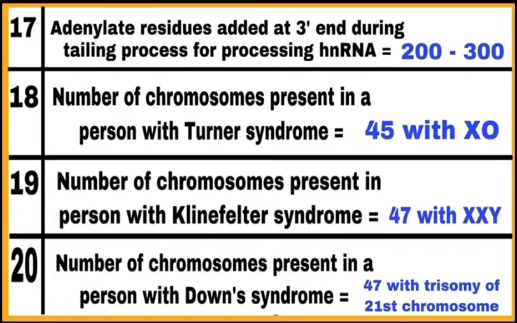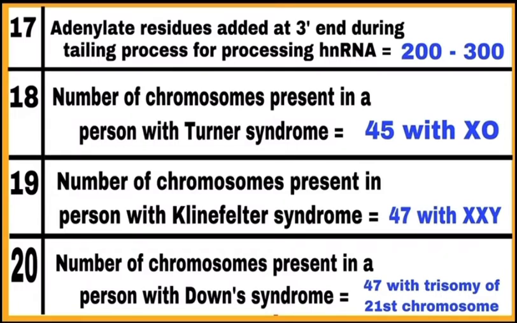Adenylate residues added at 3' end during tailing process for processing heterogeneous RNA. 200 to 300 adenylate residues are added at 3' end of heterogeneous RNA during its processing, and the adding of adenylate residues is called tailing.